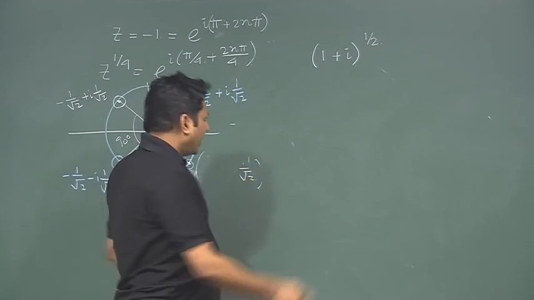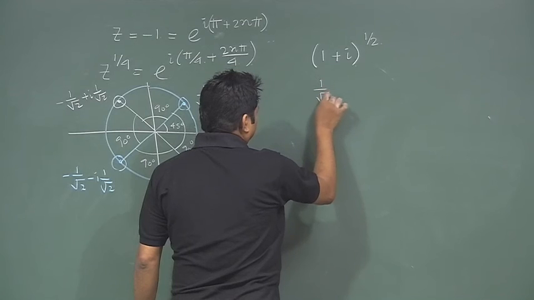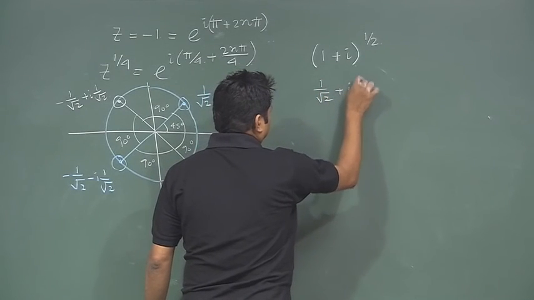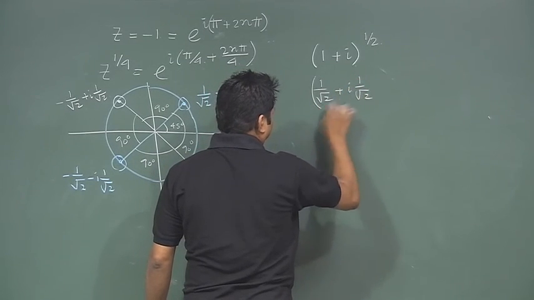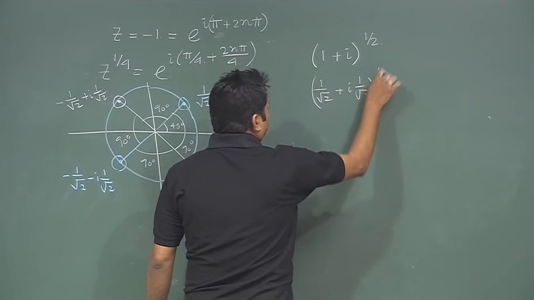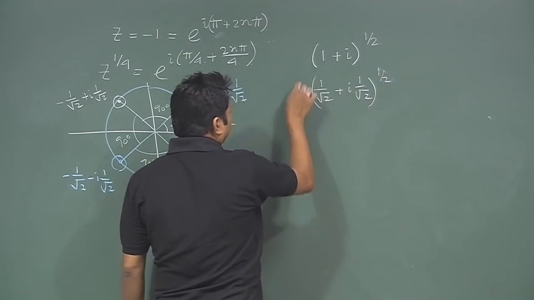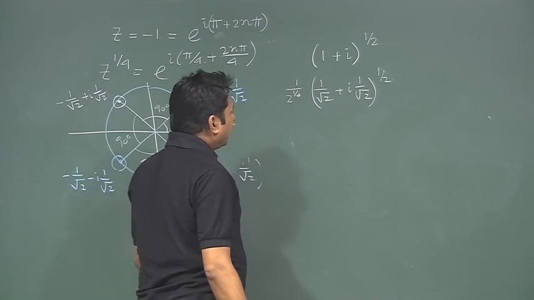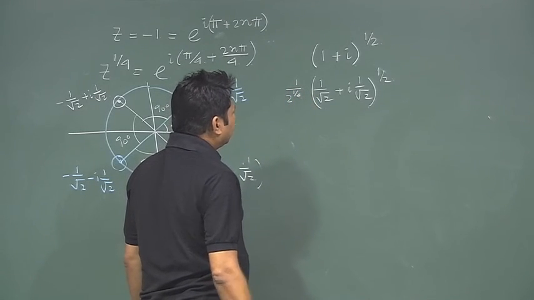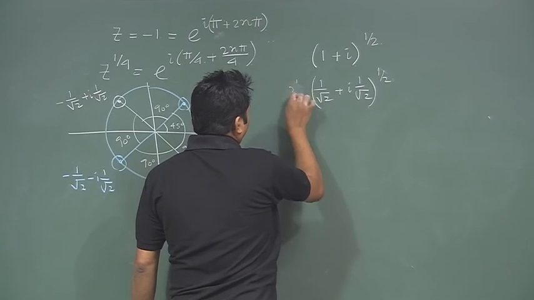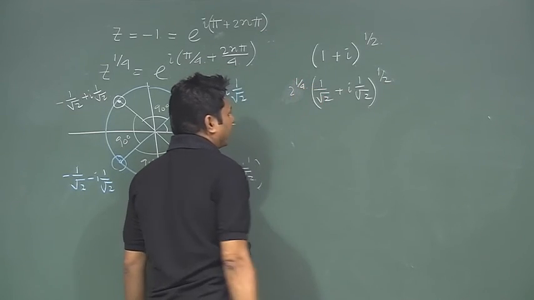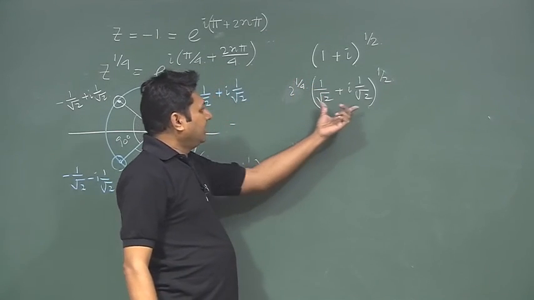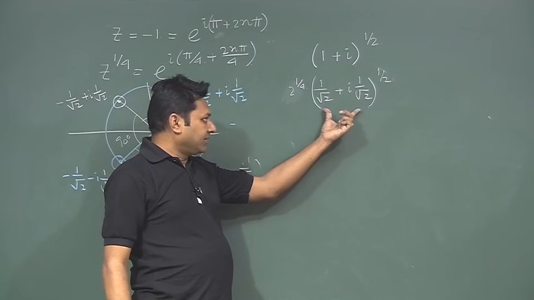What you will do is you will just multiply this, and it will be 2 to the power 1 by 4, I guess, and then you can write it as cos and sine with some angle.